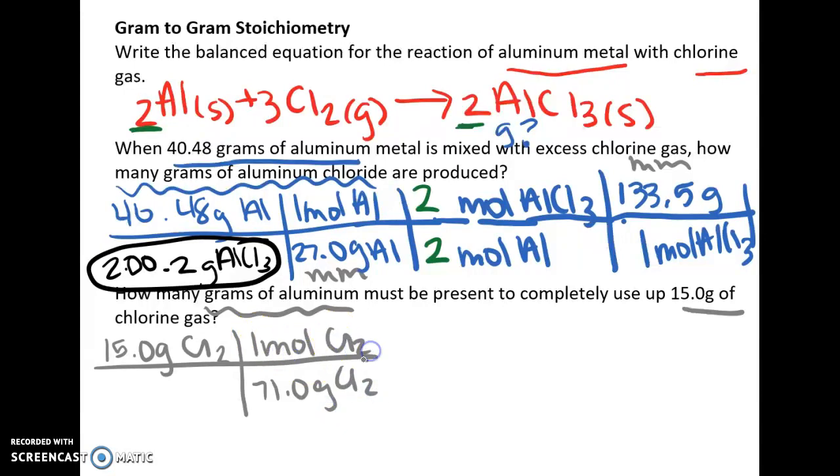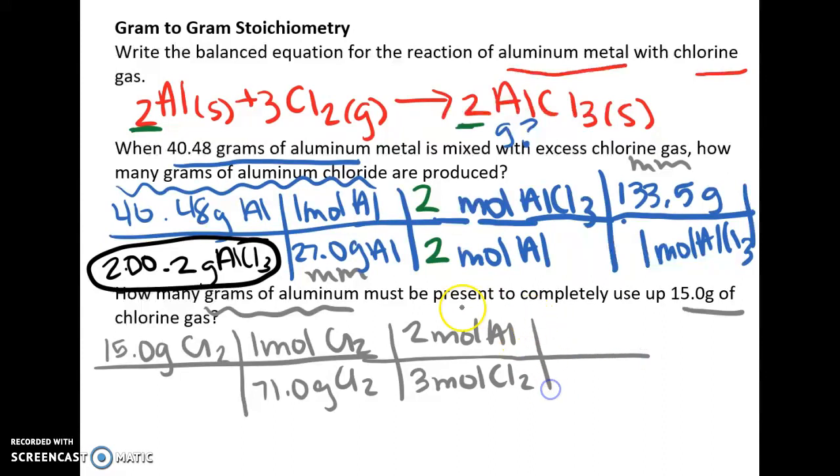Once I get moles, I can use my mole ratio step between chlorine and aluminum, looking at those coefficients from our balanced chemical equation. And then once I have moles of aluminum, I want to get that to grams of aluminum. So moles of aluminum on the bottom with the molar mass of aluminum on top.